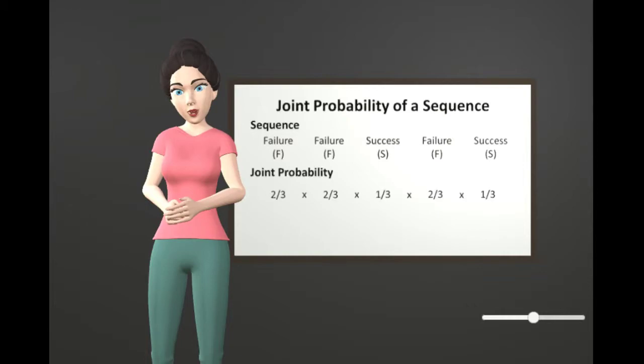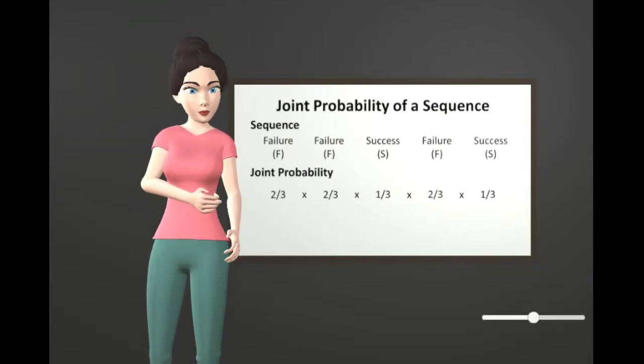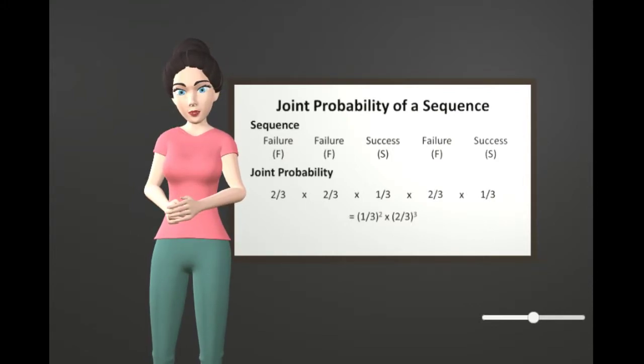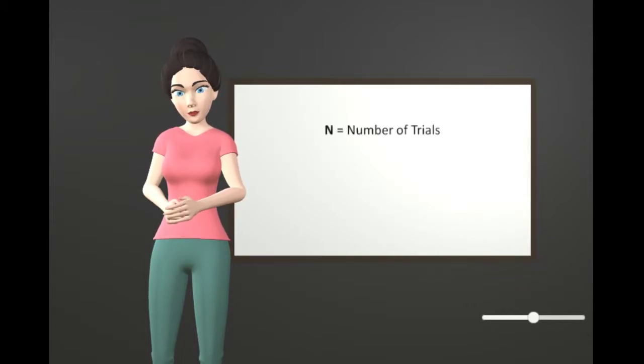So we get 2/3 for failure times 2/3 for failure, times 1/3 for success, times 2/3 for failure, times 1/3 for success. We can also write this as 1/3 squared times 2/3 cubed. So the joint probability of this particular sequence occurring is 8 out of 243.